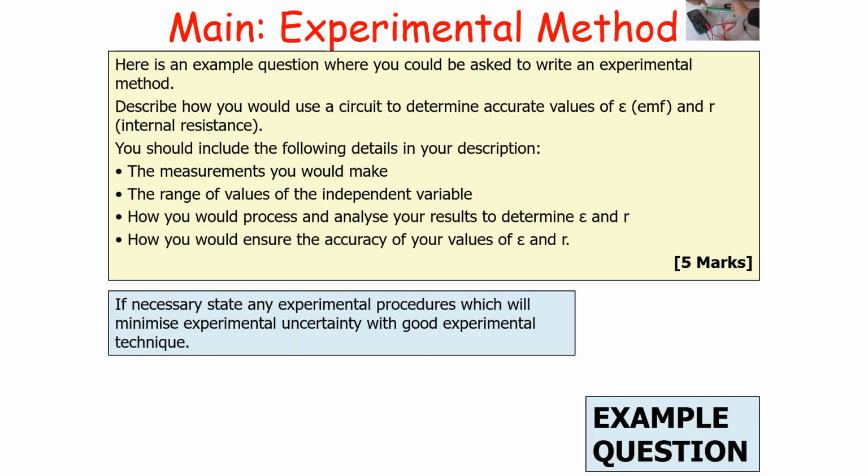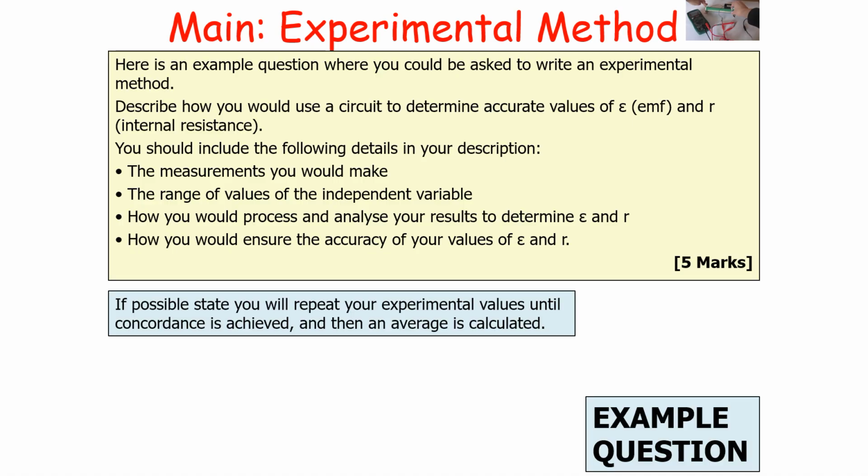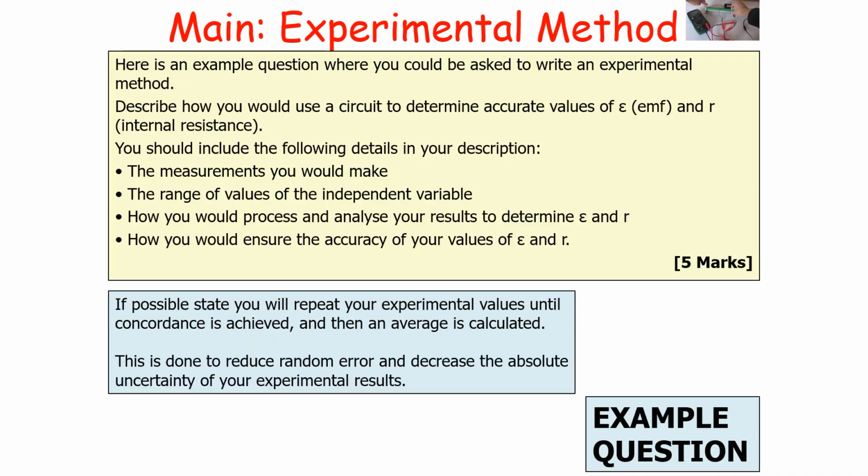Now, if it's necessary, state any experimental procedures which would minimize experimental uncertainty with good experimental technique. And if possible, state how you'll repeat your experimental values until concordance is achieved, then an average is calculated. Now, this is done to reduce the random error and decrease the absolute uncertainty of your experimental results.